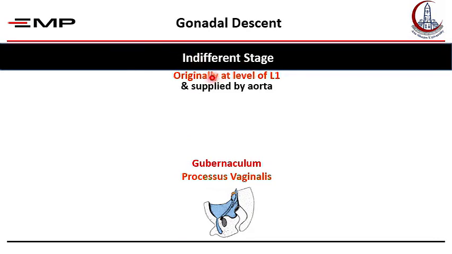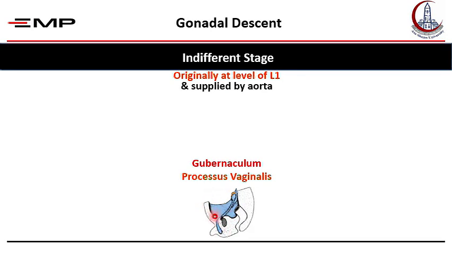In the beginning, in the indifferent stage, the gonad is high up in the abdomen, just under the diaphragm, opposite the level of L1. It receives its blood supply by the gonadal artery from the aorta. Its lower pole is connected to the external genitalia through the anterior abdominal wall by a fibrous cord called the gubernaculum.